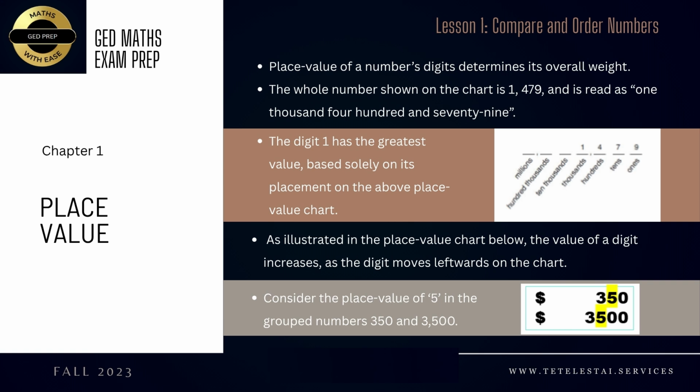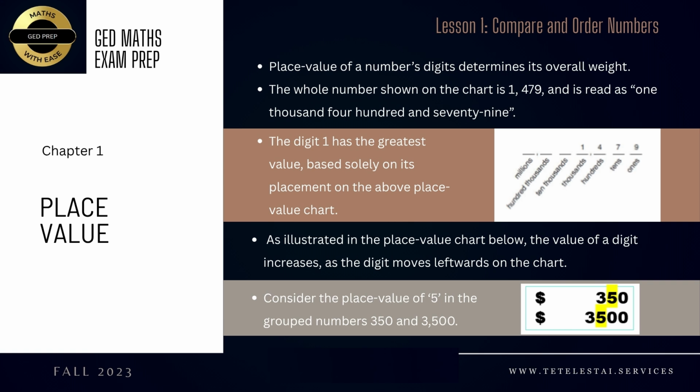So in this particular situation, even though if we're just speaking generally, 1 is less than 4, and it's also less than 7, and it's also less than 9, because of the place value of 1 in this particular situation, 1 has the greatest value, because it's in the thousands place in the number line.